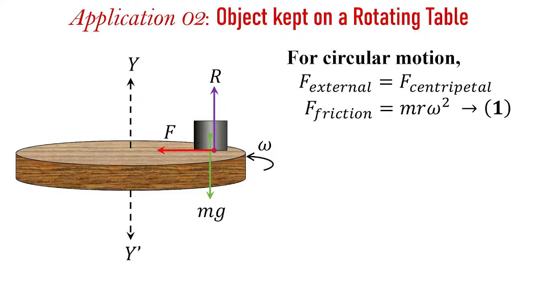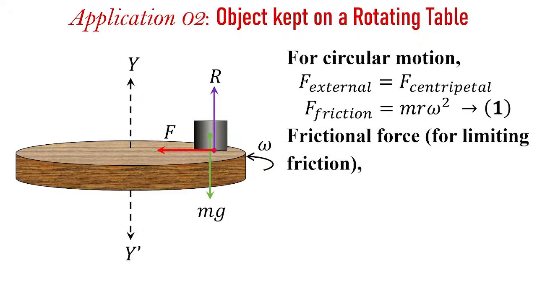Either friction must be given or they have to give some other information. What is that information? Whether this is in limiting conditions or not.